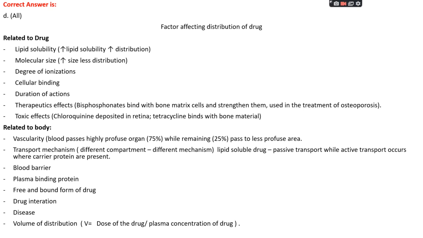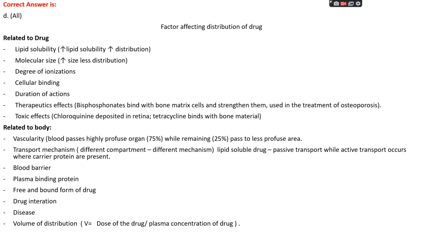Another factor related to the body is vascularity. Those organs which have a profuse blood supply, where blood passes very rapidly, have rapid distribution compared to those organs which are less profuse. Second is transport mechanism.